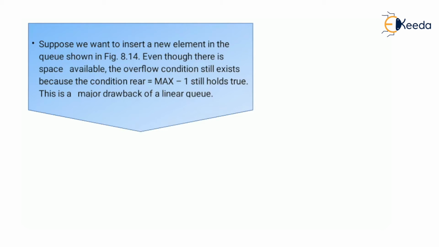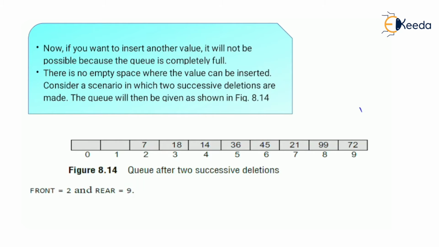Now we have to see the previous figure of the linear queue, then we will understand the drawback. As we observe this figure 8.14, here front is equal to 2, rear is equal to 9.